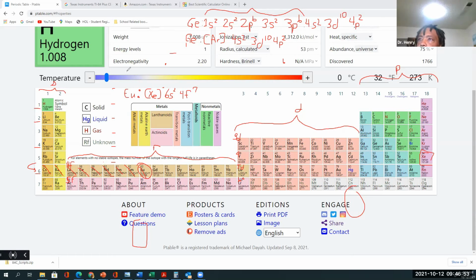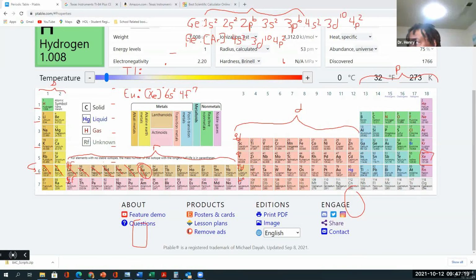What about Tl? Thallium. Okay, where's it located? Give me the group and the period. Group 13, period 6.